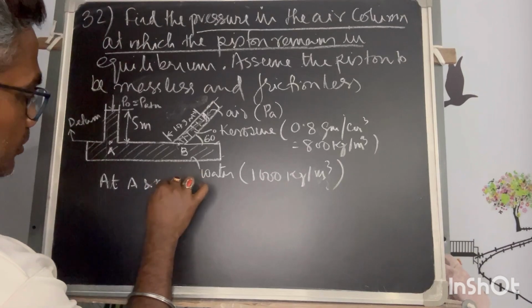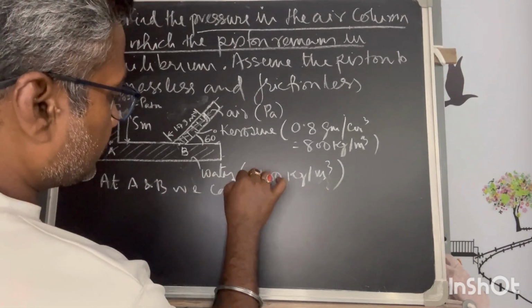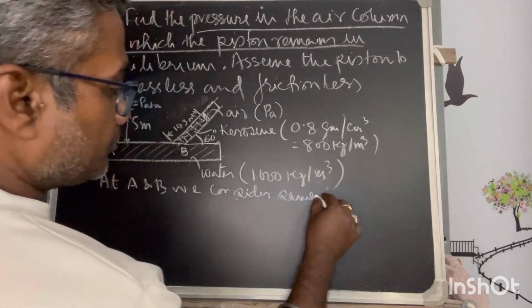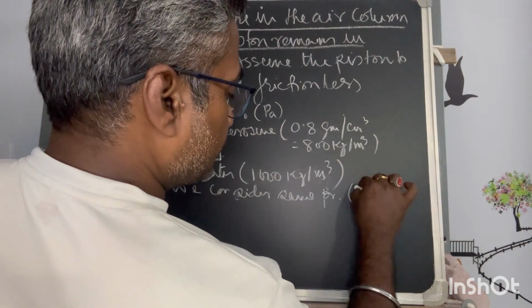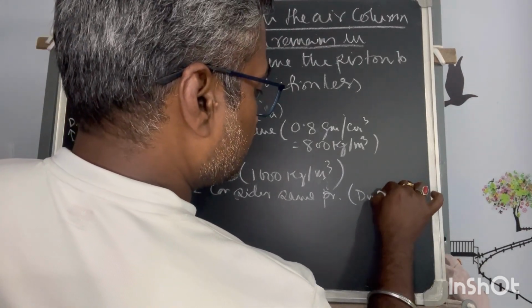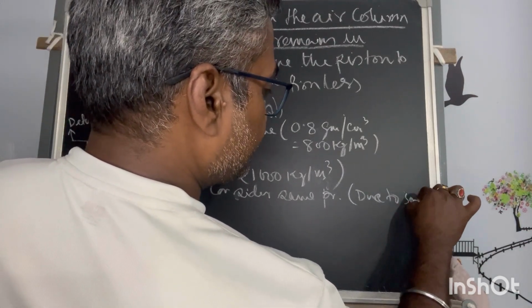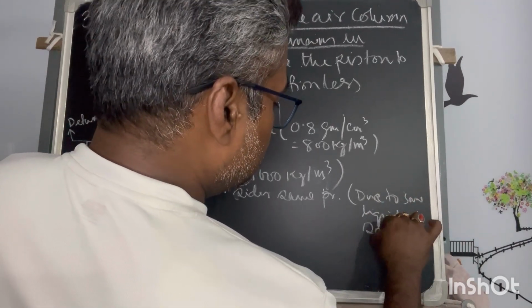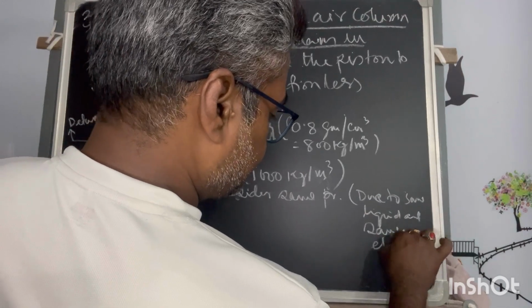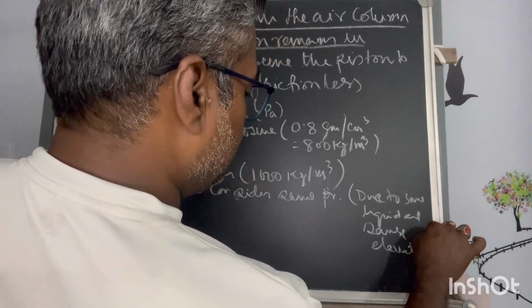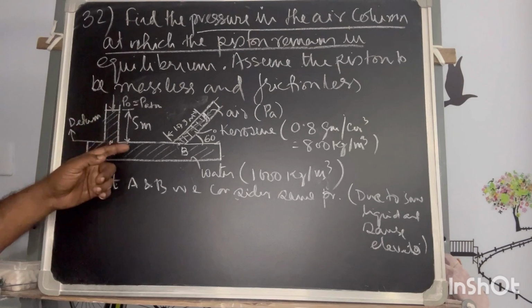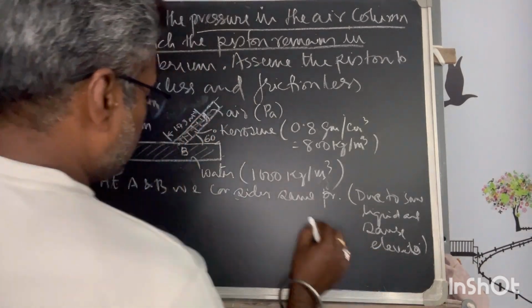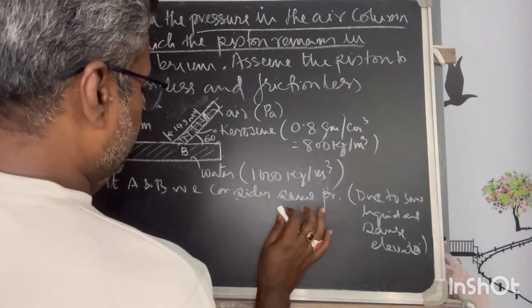So at A and B we consider the same pressure. Why? Due to the same liquid and same elevation. Okay. Because this condition is fulfilled when the complete arrangement is in static equilibrium.